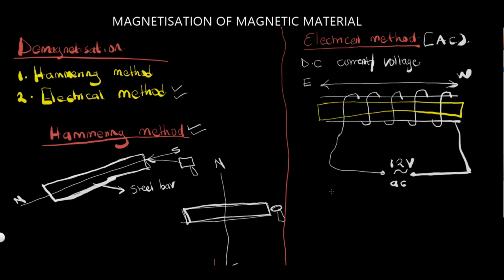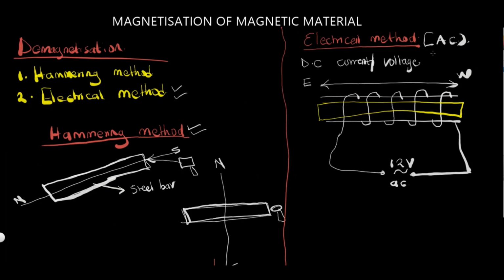And in a magnetized state, the dipoles face a common direction, but they are not parallel to each other. So when you place your solenoid having the magnetized material inside and pass alternating current, and it is in the east-west direction, the dipoles will get disoriented, hence you'll be demagnetizing this material inside.